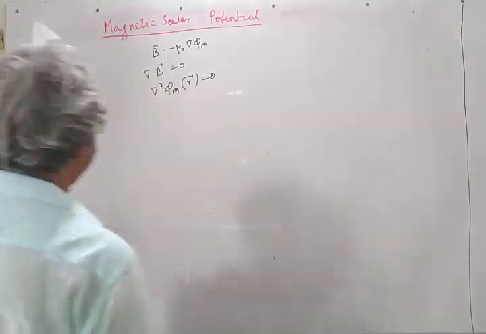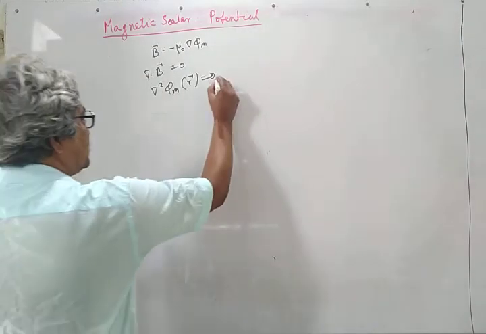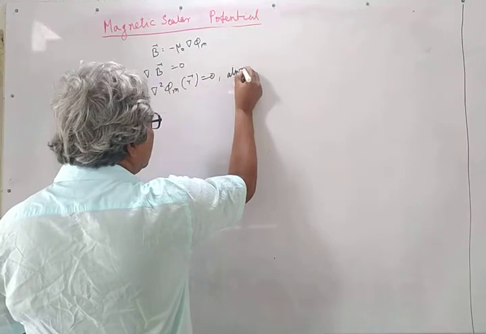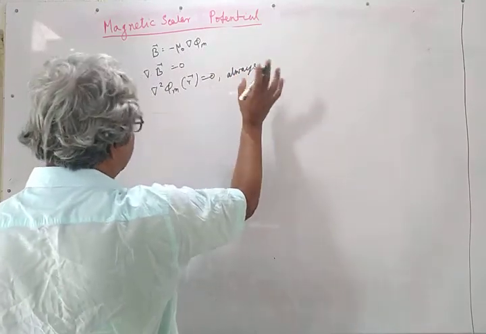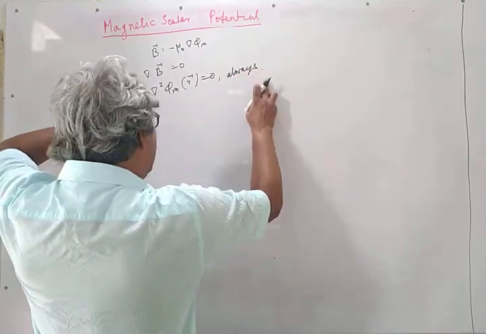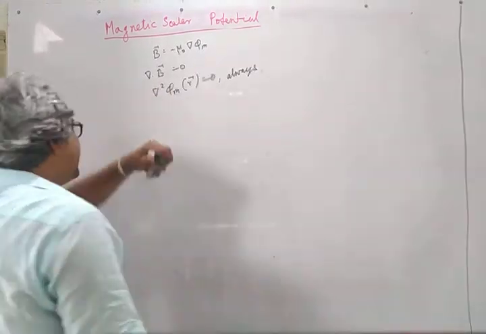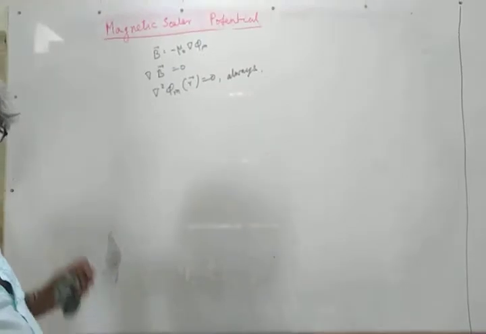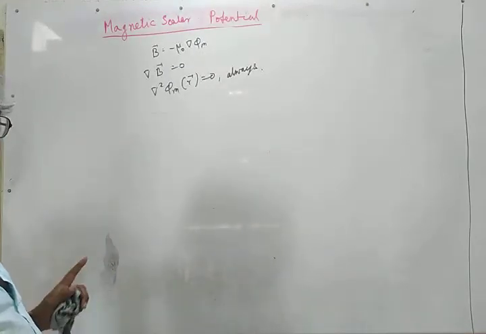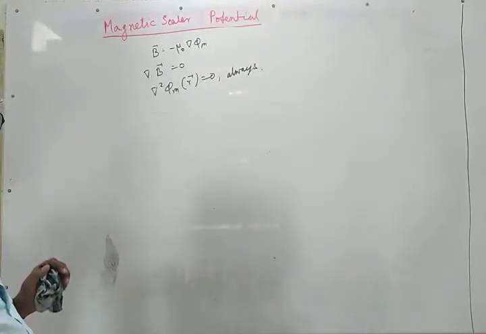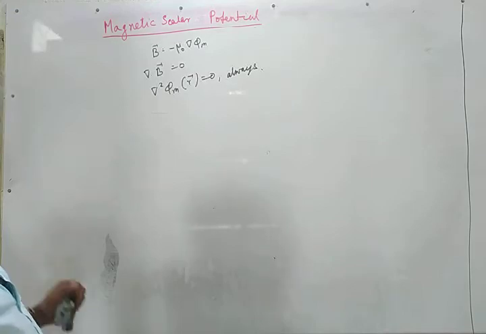So it is always whenever it is defined. So the magnetic scalar potential is not always defined, it is defined only in the case of a region free from current.